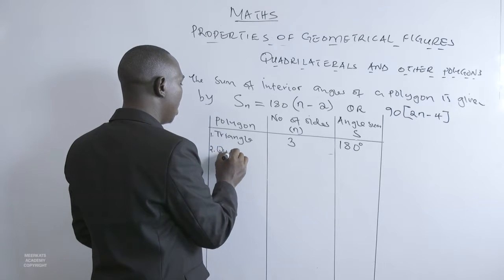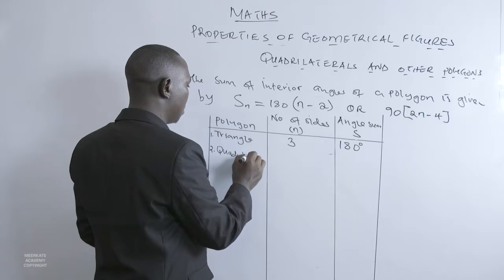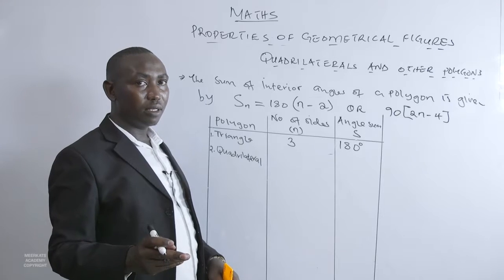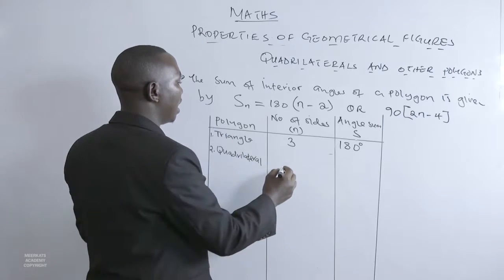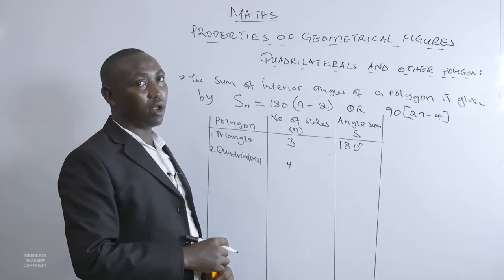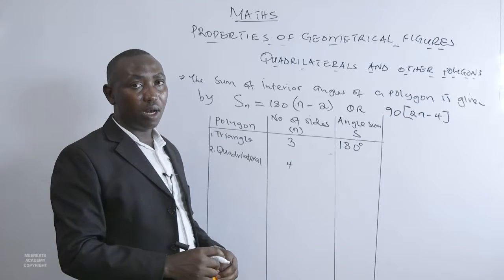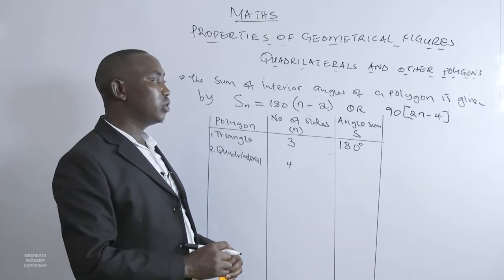The next one is a quadrilateral. A quadrilateral, we said, has got how many? 4 sides. So the number of sides constituting a quadrilateral are 4. And inside that particular quadrilateral, we are going to have 2 triangles.